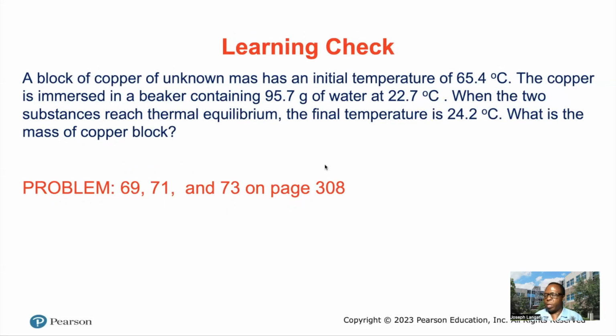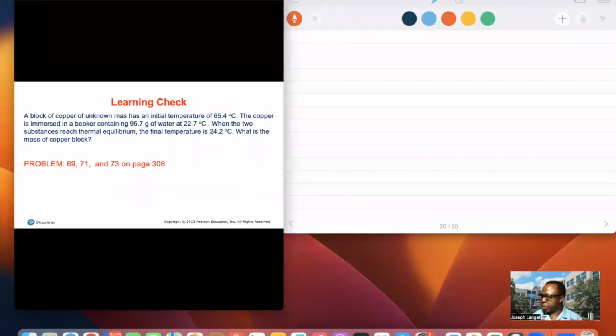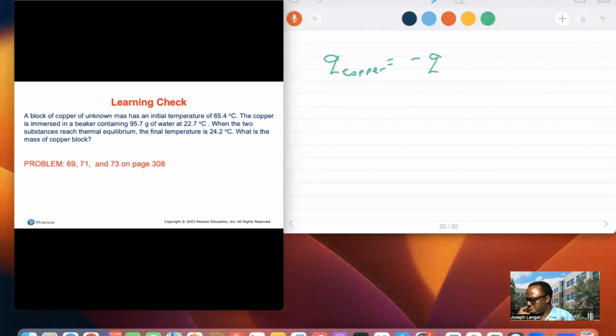So we need to find the mass of copper. How are we going to find it? We say Q for the copper equals negative Q for the water.